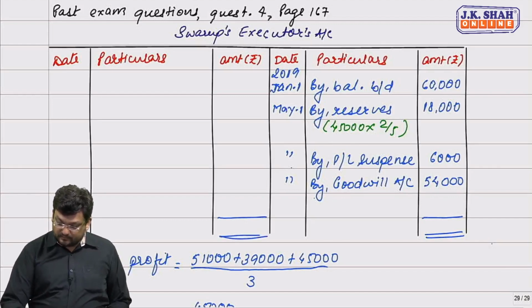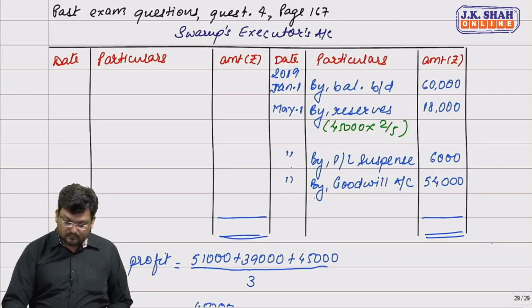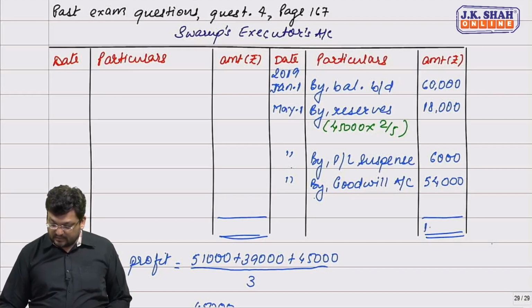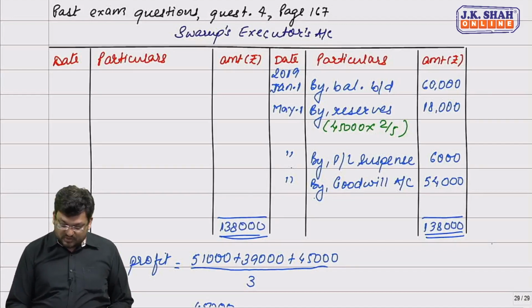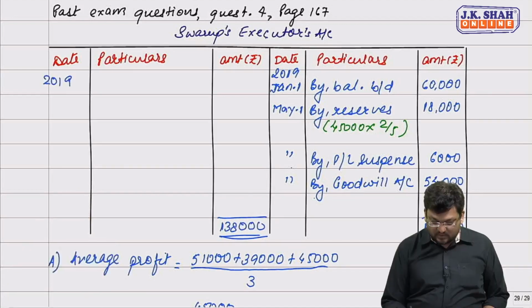Balance remaining, 1,38,000. That will be transferred to loan account. They are asking us to transfer that balance remaining to Swaroop's executor's loan account.